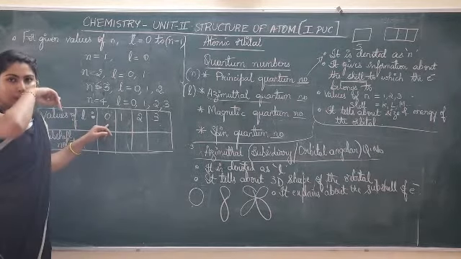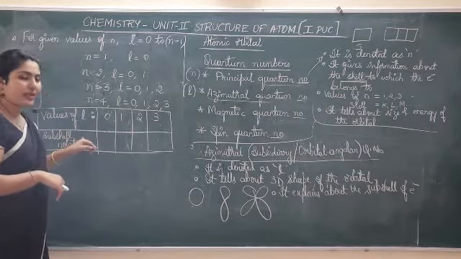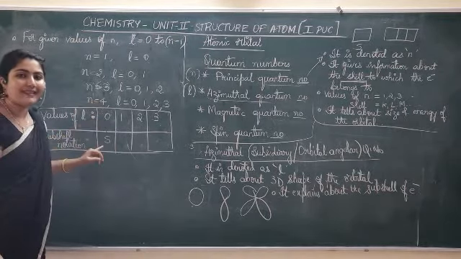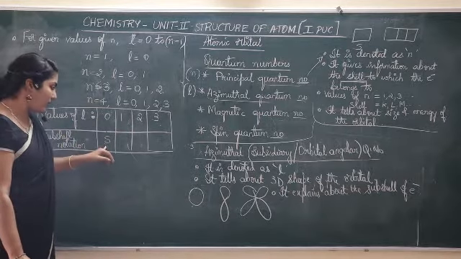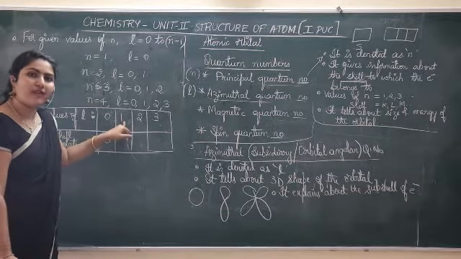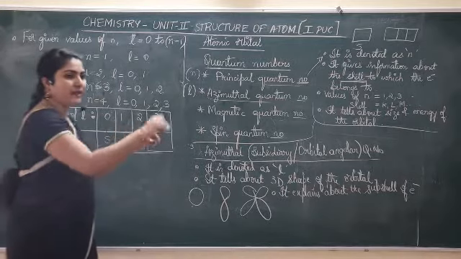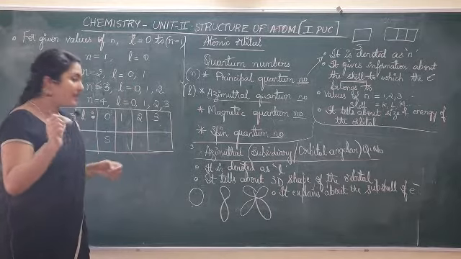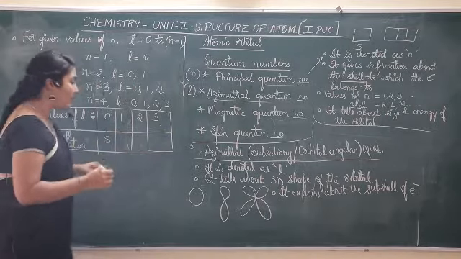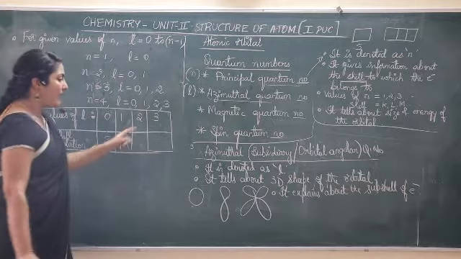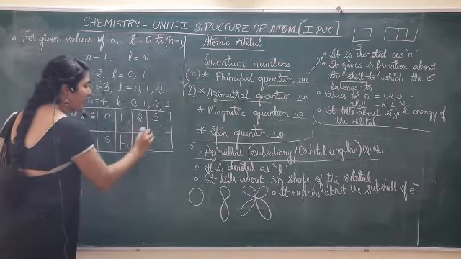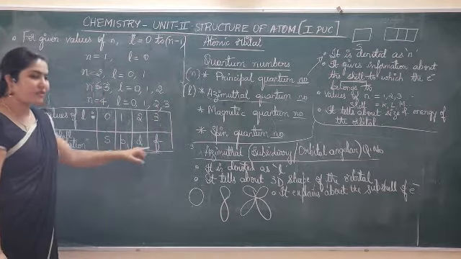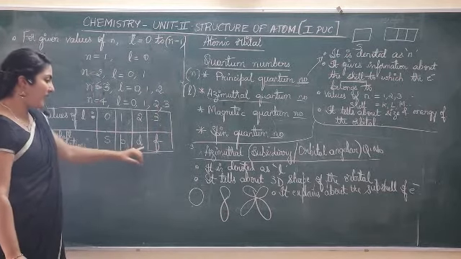If L is equal to 0, the orbital is s, the electron belongs to the s subshell. If L is equal to 1, it means p orbital. L is equal to 2 means d. L is equal to 3 means f. So these are the subshell notation, s, p, d, f.